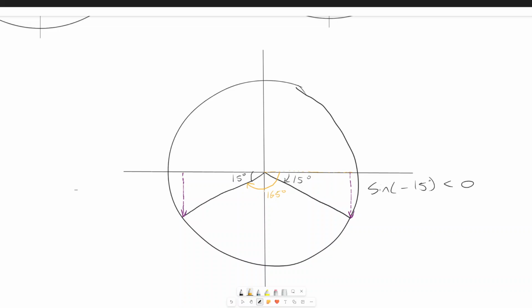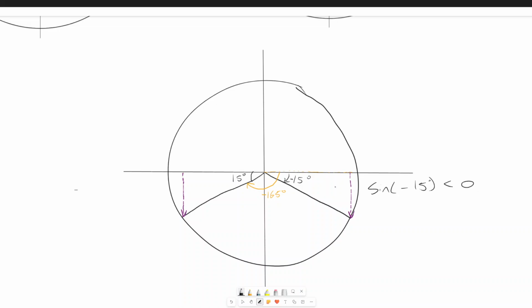But also remember that we're going clockwise to reach this angle here. And on a unit circle, clockwise is always negative. So this is going to be minus 165 degrees. And for what the question has given us, this one here would also be minus 15 degrees. I just didn't put it there.